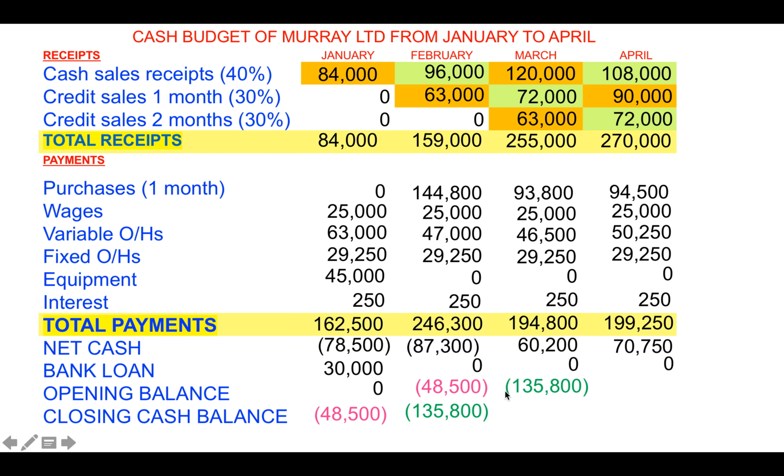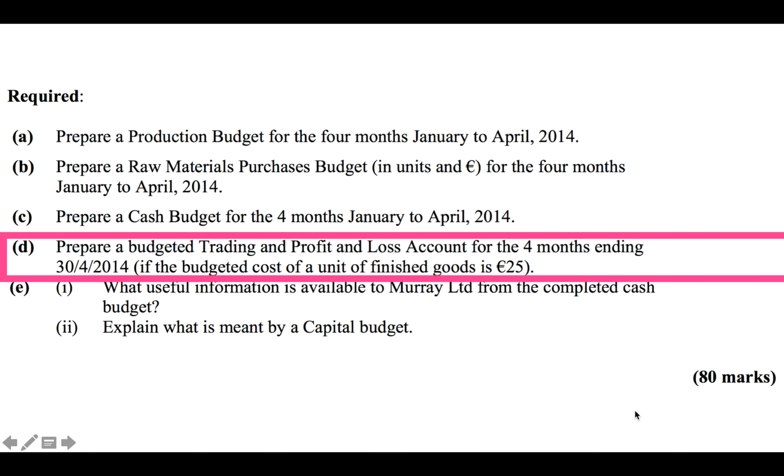That is going to be the opening cash for March, so minus 135,800 plus 60,200 is equal to minus 75,600. That is going to be the opening balance in April, minus 75,600. So 70,750 minus 75,600 is equal to minus 4,850.